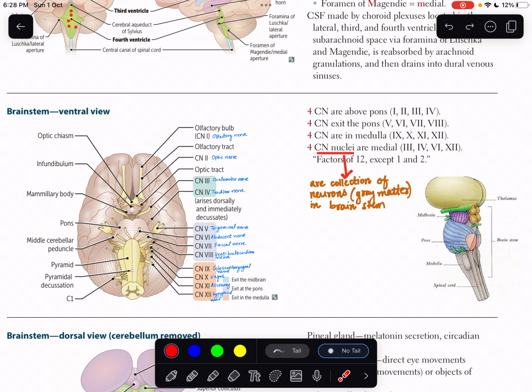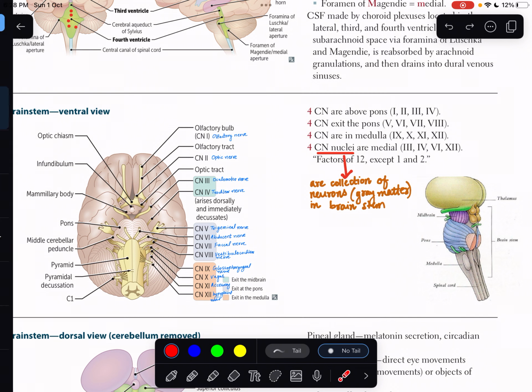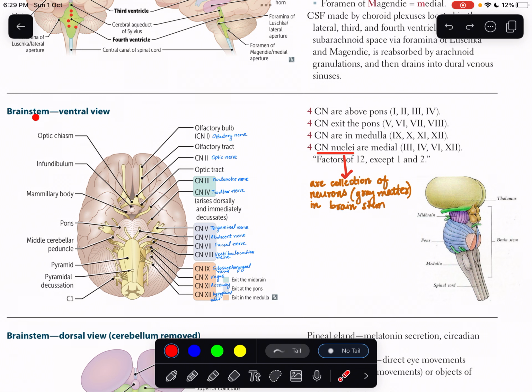So why was the brain stem given the word brain stem? If you divide this word into two, brain and stem, it's similar to a flower stem, because the stem is basically a connecting point for different structures, or a supporting point.